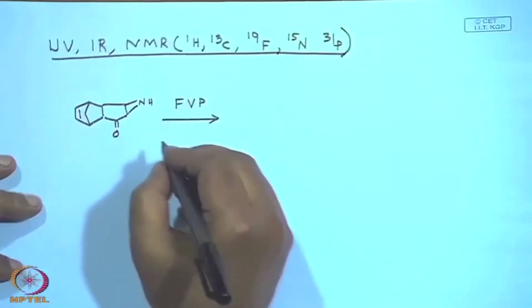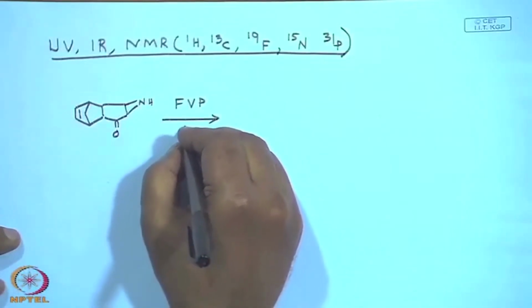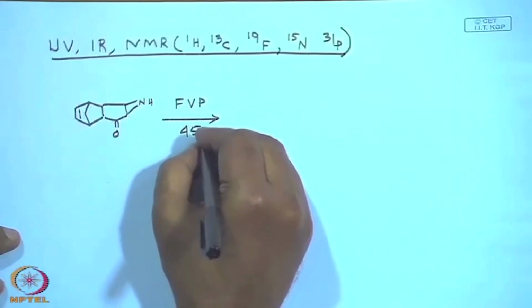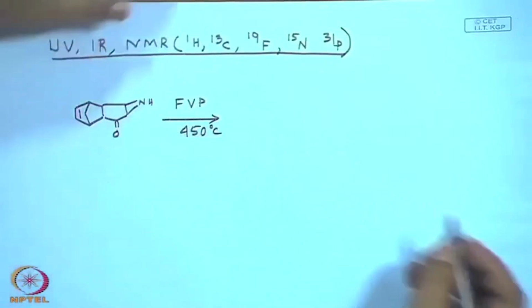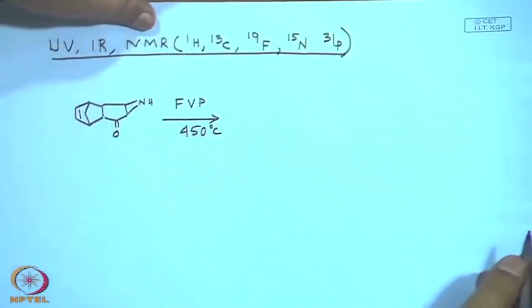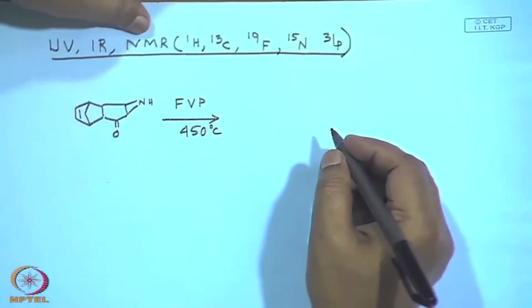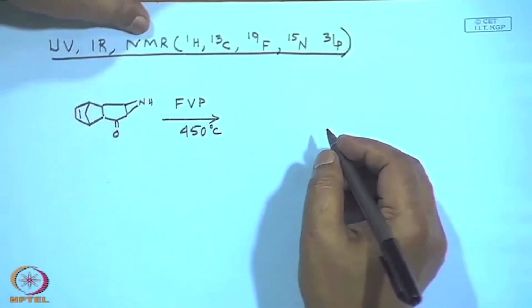Then we did a reaction called flash vacuum pyrolysis at high temperature, which is at 450 degree centigrade. I do not know whether you know the technique called flash vacuum pyrolysis. What is it? It is normally a high temperature reaction beyond 300 degree centigrade, a vapor phase reaction.